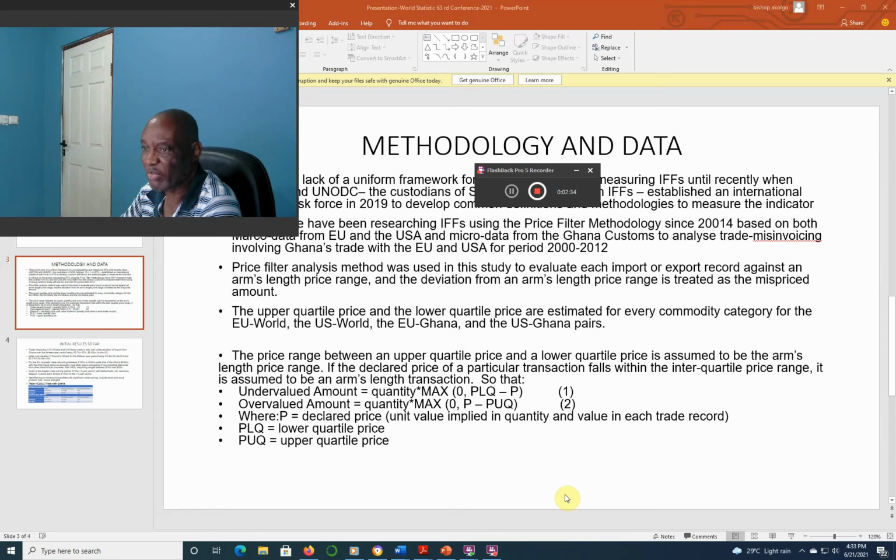The price range between the upper quintile price and the lower quintile price is assumed to be the arm's length price range. If the declared price in a particular transaction falls within the interquintile price range, it is assumed to be within the arm's length transaction, so therefore there's no problem. Otherwise, if it is outside it, it is flagged as a suspicious transaction, requiring further investigation by the customs.